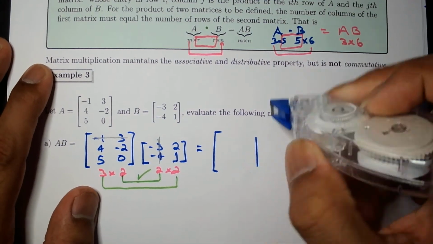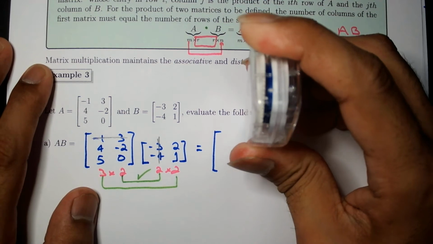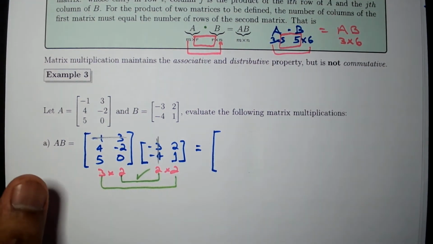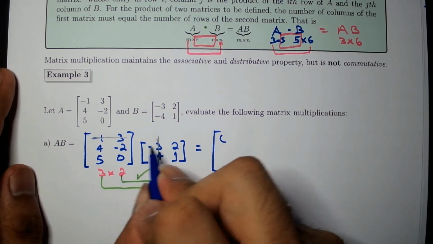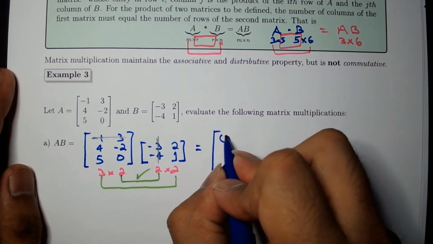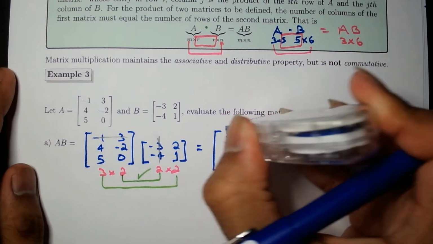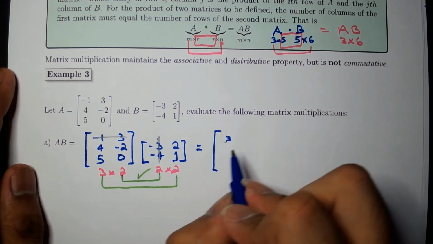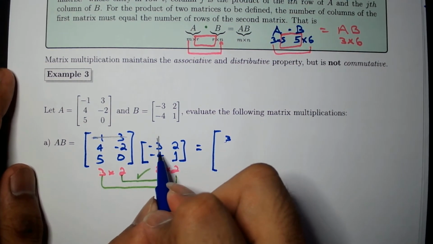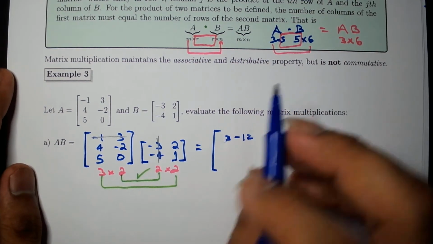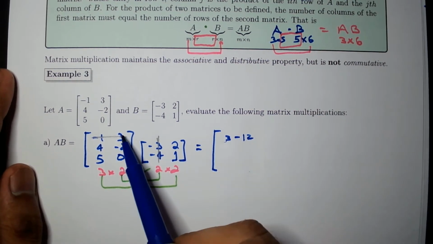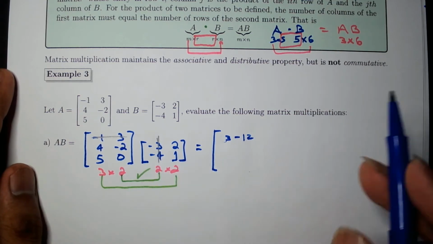I'm gonna do the whole thing. Okay, so what I'm gonna do is -1 times -3. That's +3. And then in this case, plus 3 times -4, that's actually -12. All right. So this 12 came from multiplying this 3 with this -4.